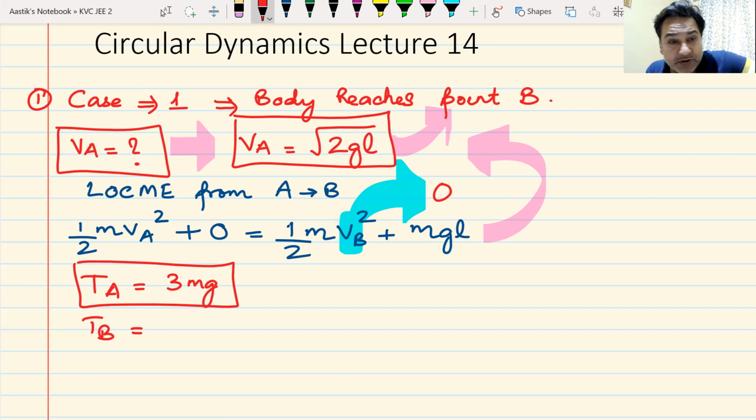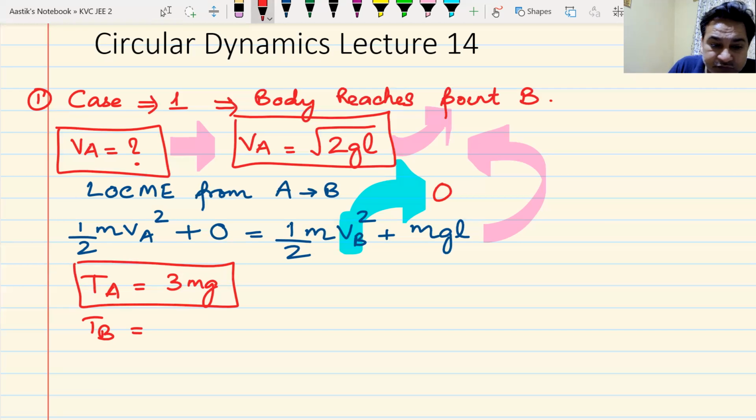The next question is, what is tension at point B? I'm still waiting for your answers for tension at point B. Anyone with the answer for tension at point B?